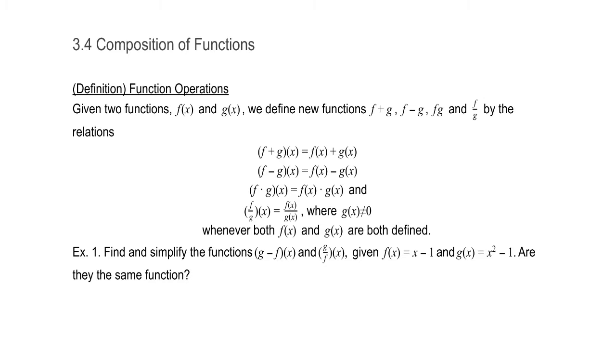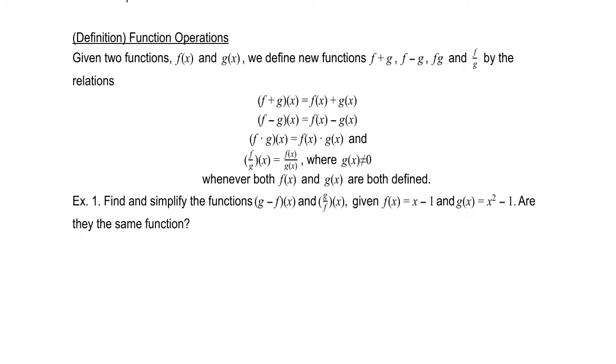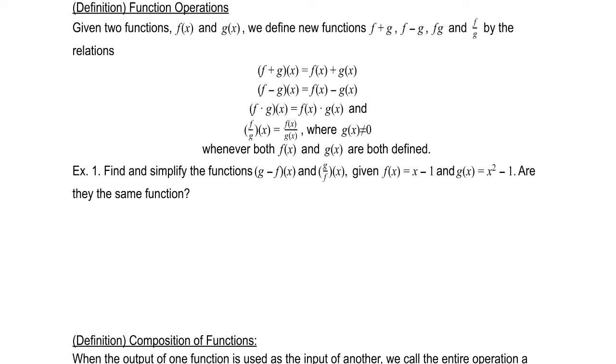So what we want to look at here is creating a couple of functions. Given f of x equals x minus 1 and g of x equals x squared minus 1, we want to find g minus f of x and g divided by f of x. And the question here is, are they the same function? So g minus f of x will be g of x minus f of x.